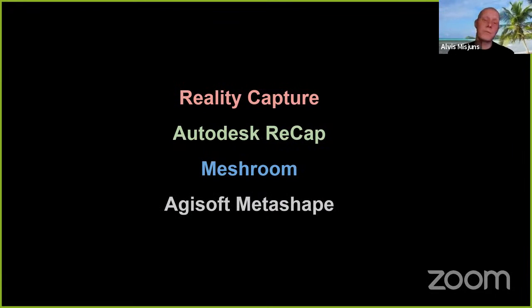And okay, here's some software that I recommend taking a look at. Well, Reality Capture is really the best that there is right now. It's the fastest, and it does the quality. I did this for my master's.